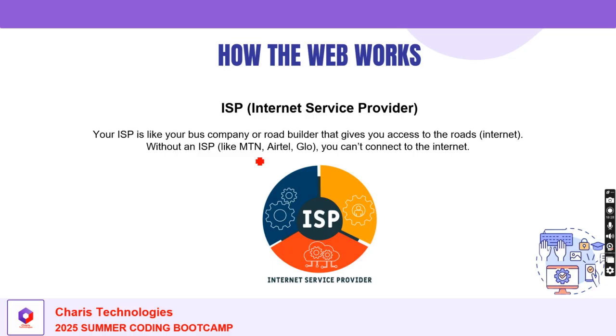So that's the subscription you do on your network, on your SIM, and that's what we call data subscription. Depending on how much you can afford, the higher you can afford, the longer you can stay on the internet. Now I want to give the website.